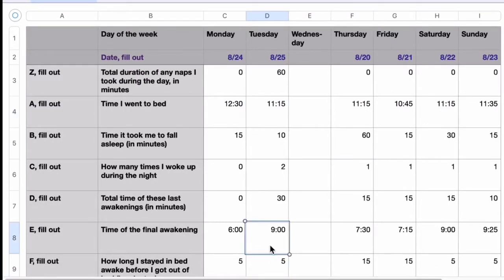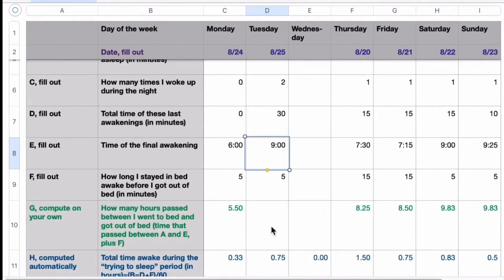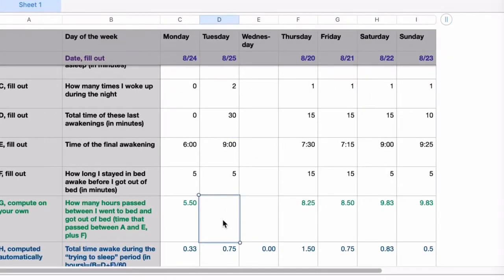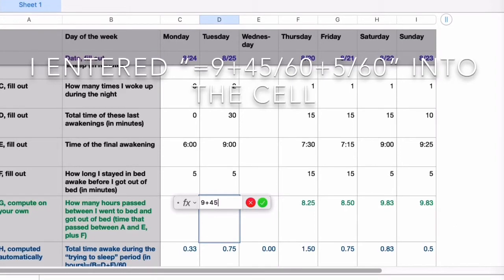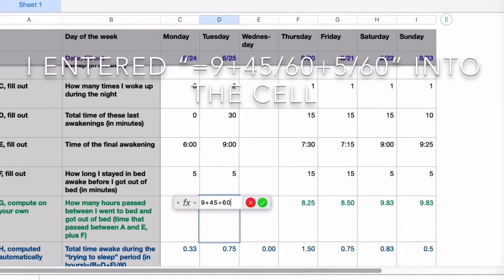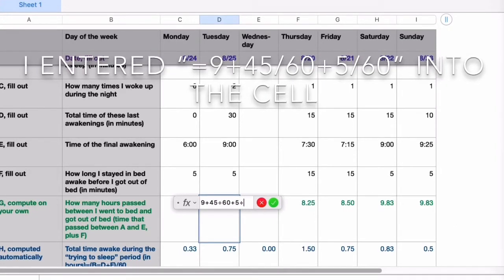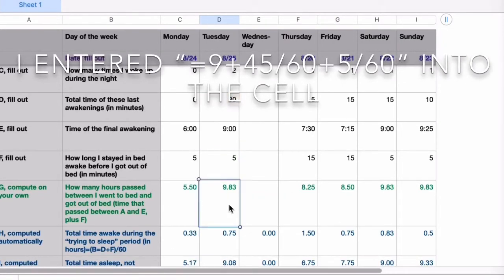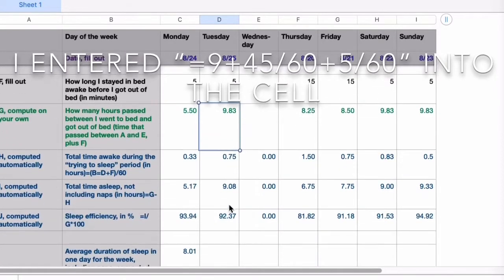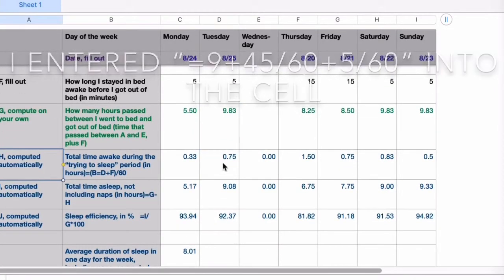So between 11:15 and 9 a.m., that was 9 hours and 45 minutes. And I want this in hours, so I'm dividing 45 by 60. And then I stayed 5 additional minutes in bed. So if I want all of that in hours, I get 9.83 hours.